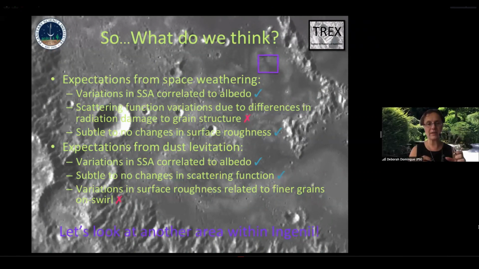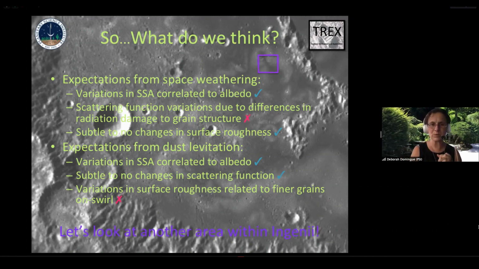So when you look at the derivation of the roughness parameter in the model, the roughness parameter is basically an average from the footprint size of your detector down to the particle scale. And Paul Helfenstein took a look at some of the Apollo images to try to say, okay, at what scale are we really talking about when we look at this Hapke roughness parameter?